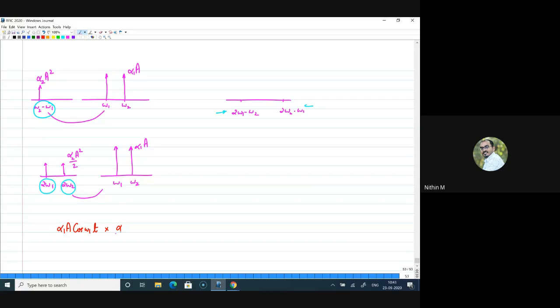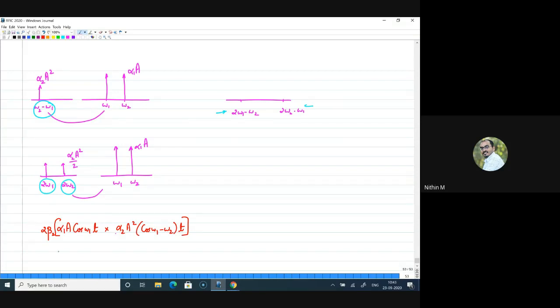Alpha 2 a square with the frequency cos (omega 1 minus omega 2) t. So this is appearing at the output of the second stage as a result of second order nonlinearity, so this has to be multiplied by 2 beta. I hope this is clear.